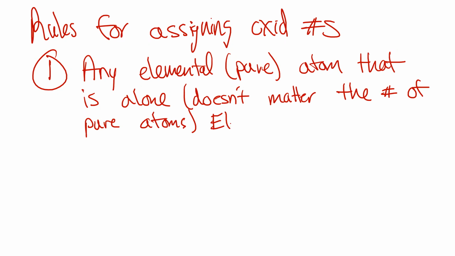We call these elemental substances, just like I was talking earlier about the diatomic gases, phosphorus with 5. Doesn't matter the number of atoms.